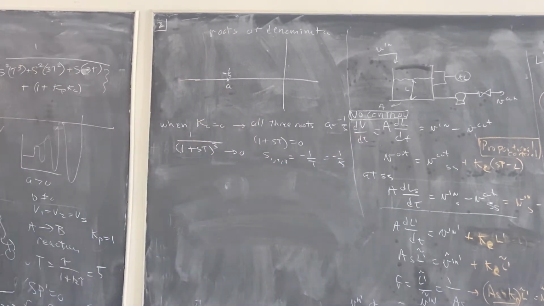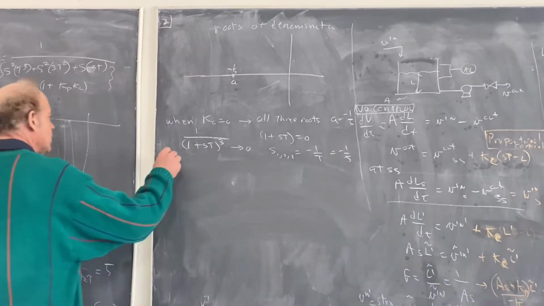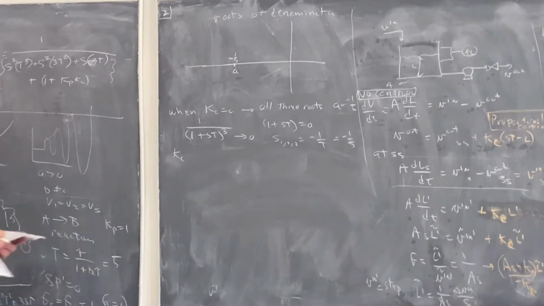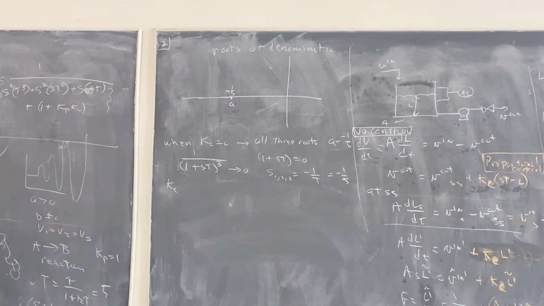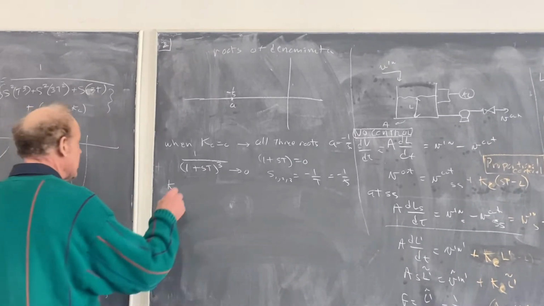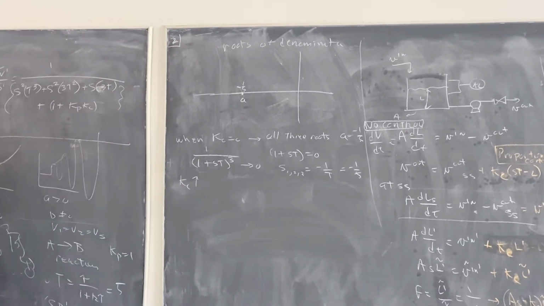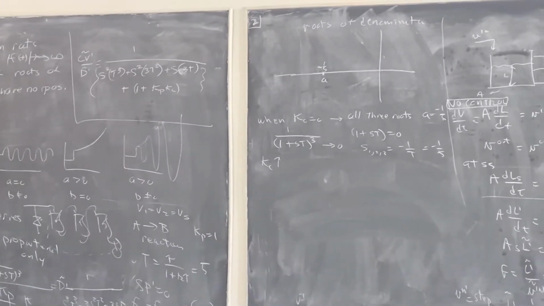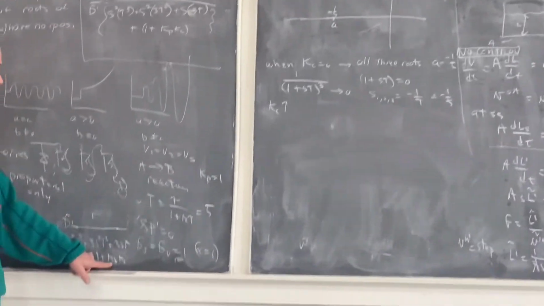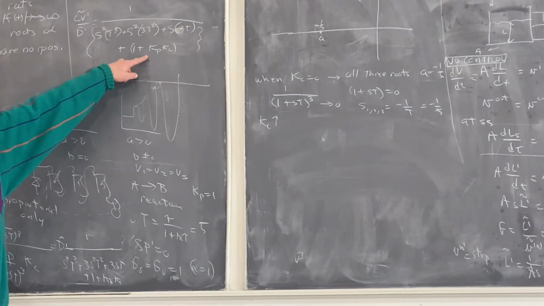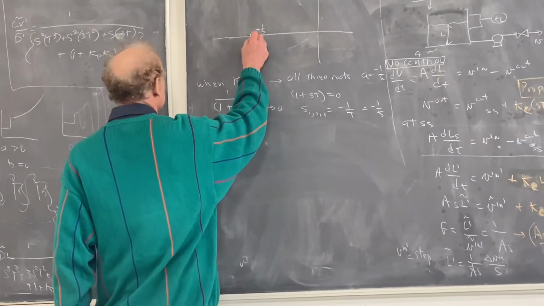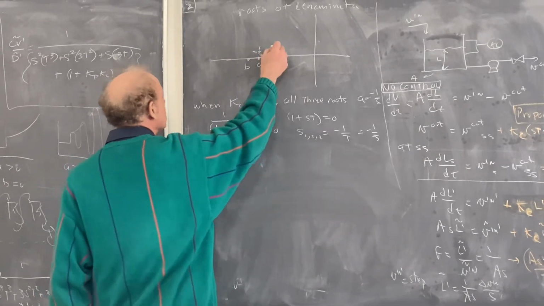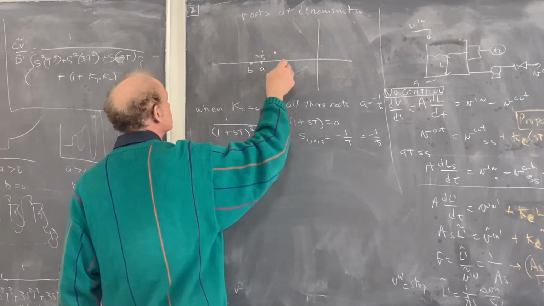Now what happens as I start increasing Kc? I think I had particular values, I didn't bother writing them down. As I increase Kc, I change the constant here. So if I look at the roots, what happens when I increase Kc a bit is I get to B, and I get 3 roots.